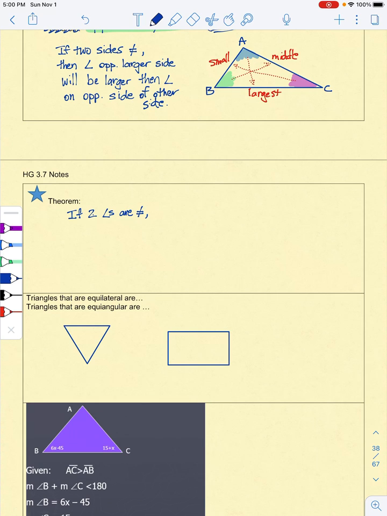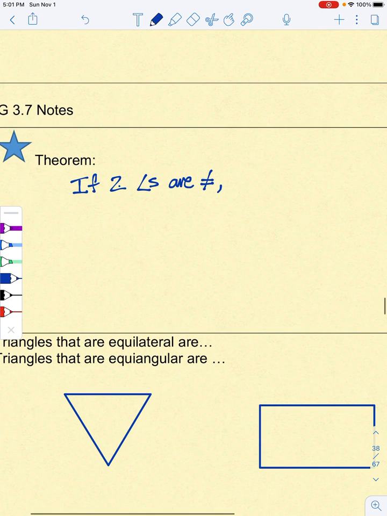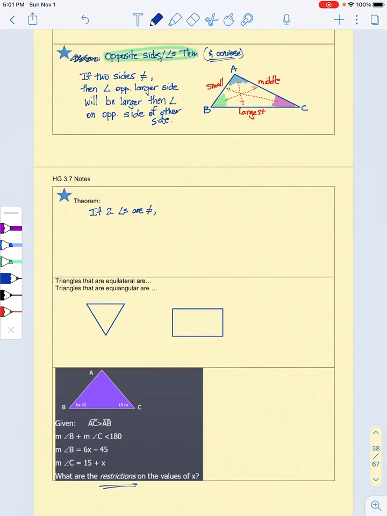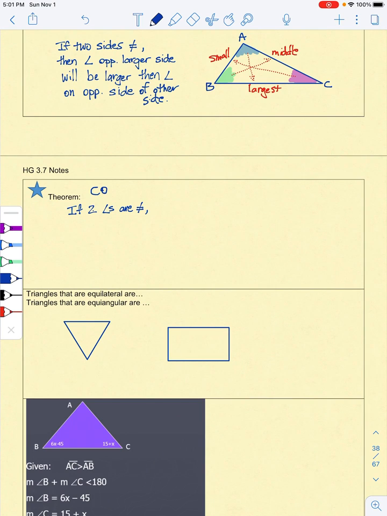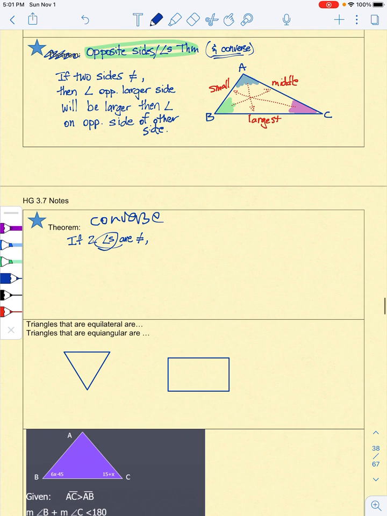Now we have a theorem that says if two angles are congruent, I'm drawing a blank now, I don't know what this one says. Oh, this is the converse of the one that we just did. So this one starts off with the angles, right? All right, so I'm not going to write this one out again because it's the same thing as the previous one, only the arrows go the opposite way because you start with the angles, not the sides. Okay.